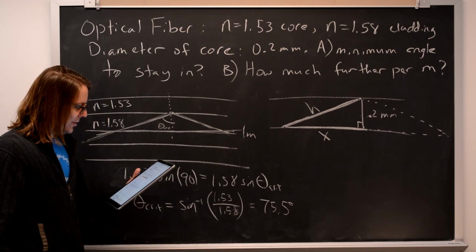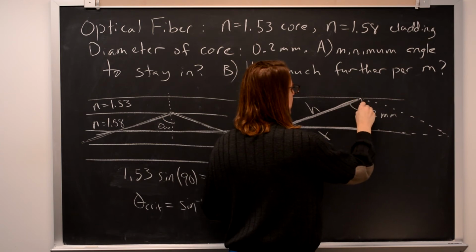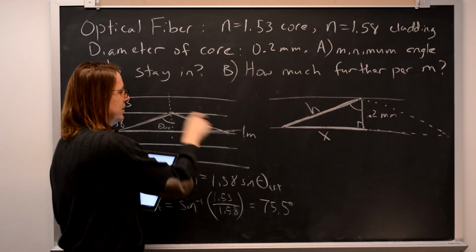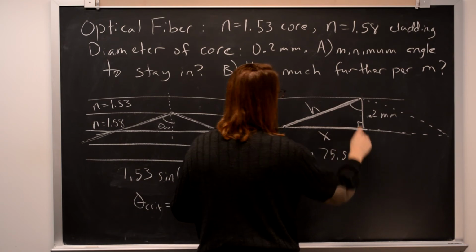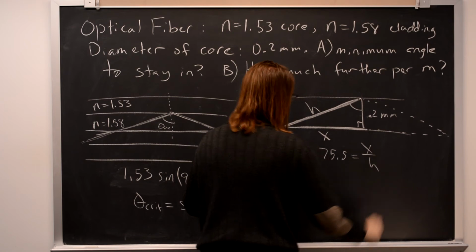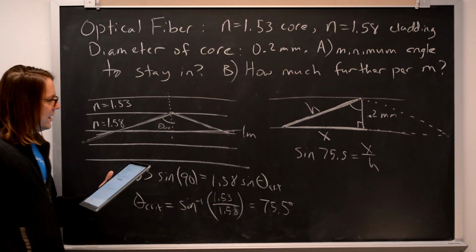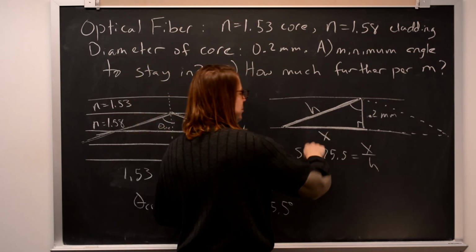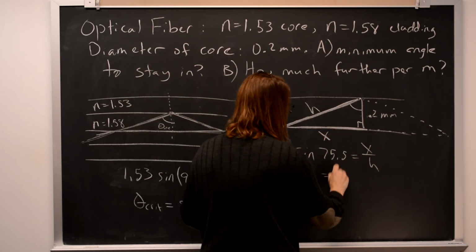So we know that the sine of this angle, the critical angle, 75.5, is equal to opposite over hypotenuse, right? So x over h. So we solve this for h, and we find that h is 1.033x.